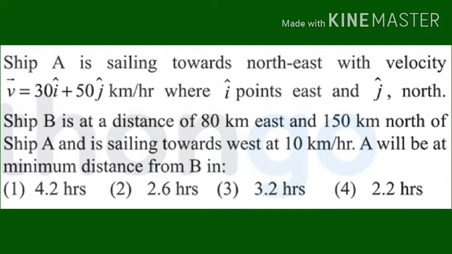Ship B is at a distance of 80 km east and 150 km north of ship A and is sailing towards west at 10 km per hour. A will be at minimum distance from B in. The options are 1. 4.2 hours, 2.